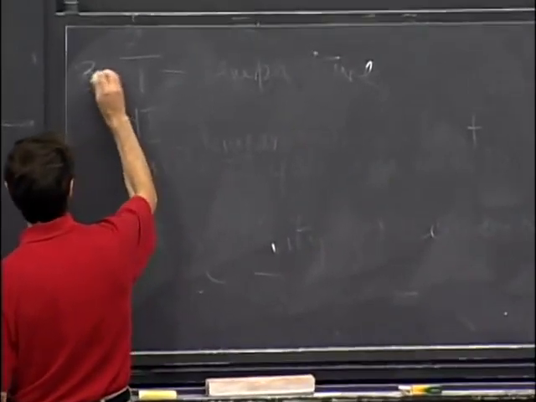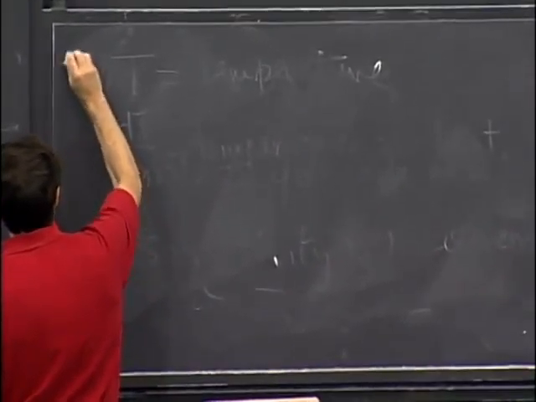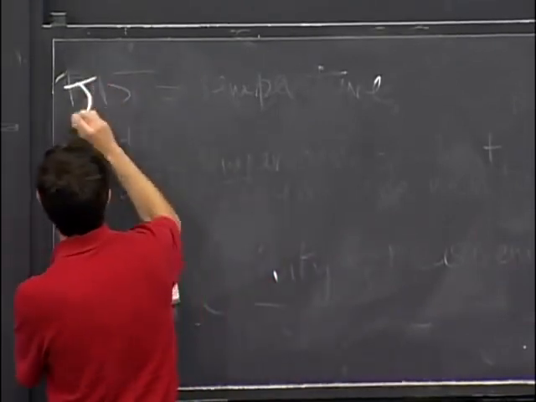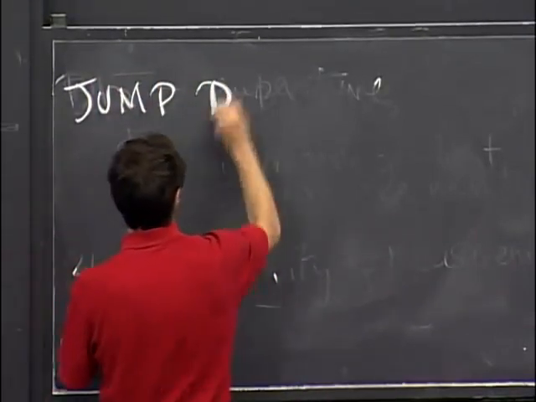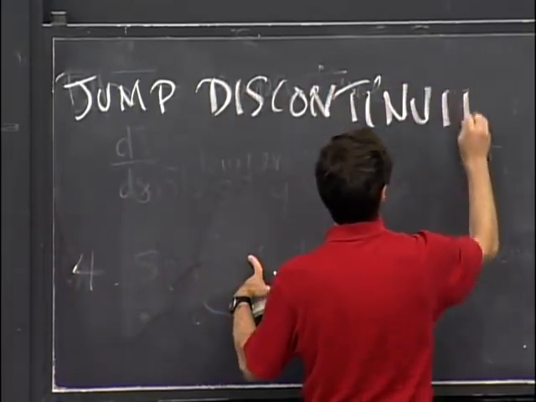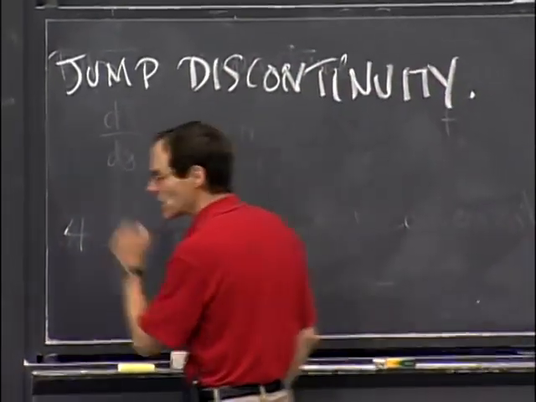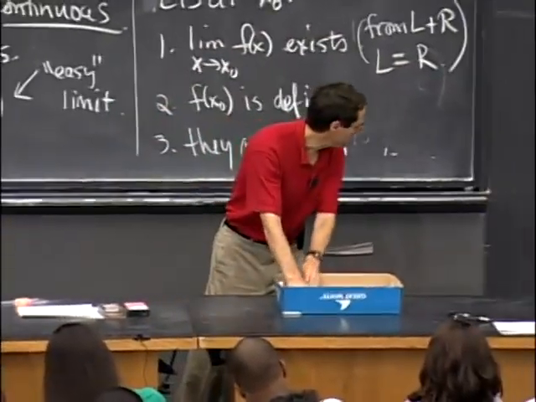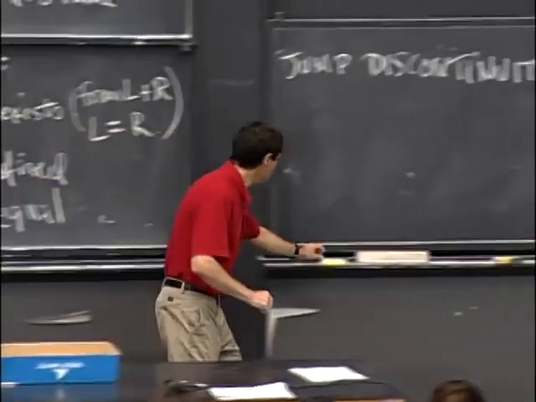So the first example here, let me just write it down here, is jump discontinuities. So what would a jump discontinuity be? Well, we've actually already seen it. The jump discontinuity is the example that we had right there.